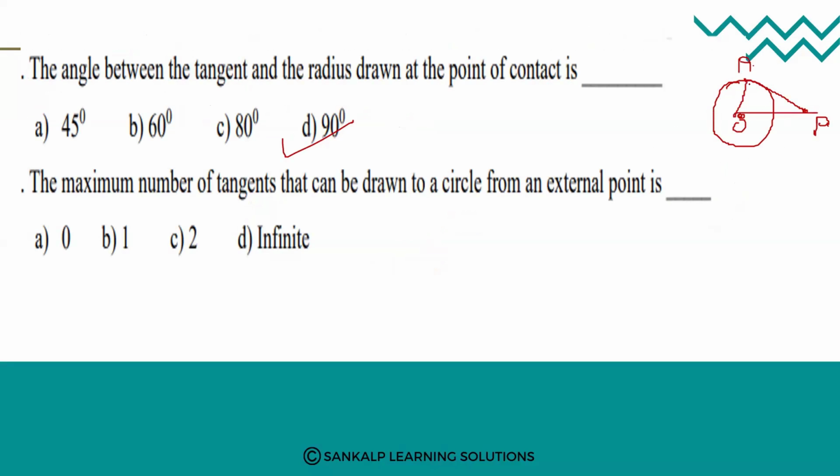So the angle between the radius and the tangent at the point of contact makes a right angle, that is 90 degrees. The maximum number of tangents that can be drawn to a circle from an external point is 2. See, this is an external point. Here you can draw 2 tangents, right? So 2.